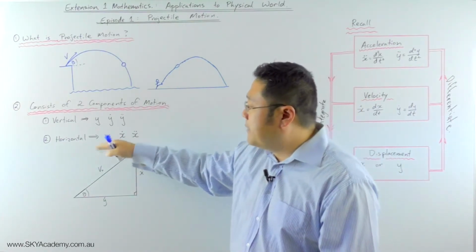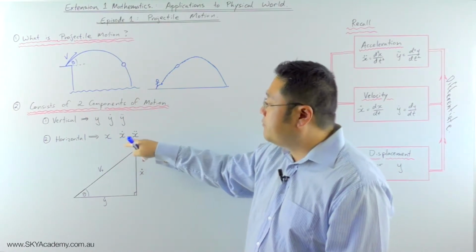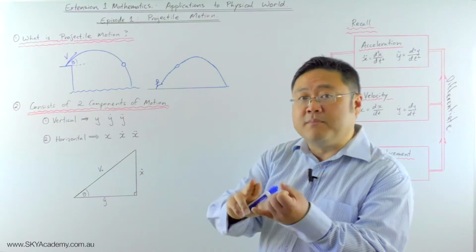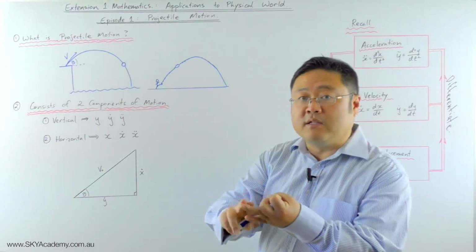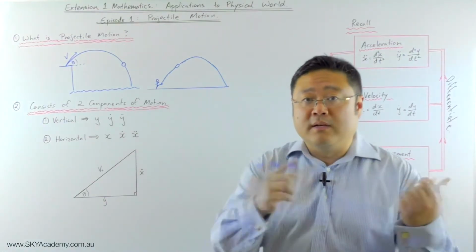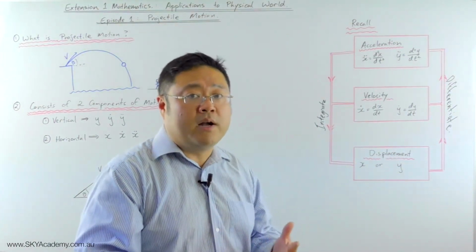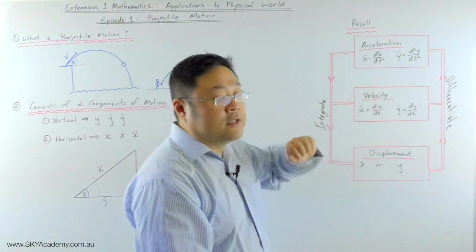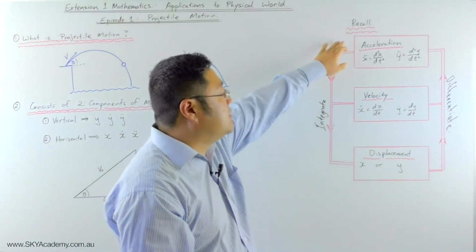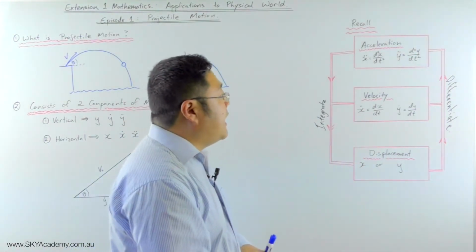Before I deal with how we break this down, do you remember how we move from displacement to velocity, from velocity to acceleration, and vice versa? Let's look over here, because this gives us a reminder. In the 2-unit course, I drew it flipped upside down with displacement at the top and acceleration at the bottom, but it really doesn't matter.